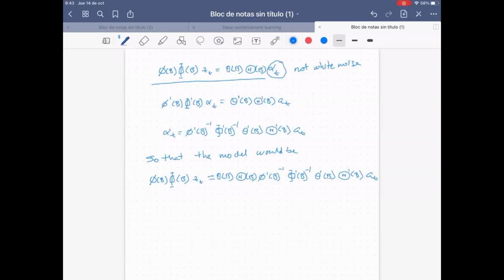So one thing that can be done is we could model alpha sub t, which is what I just did in the script. I could model the residuals and find a model, let's say phi prime of B times capital phi prime of B applied to alpha t, the residuals from the previous model, equals theta prime of B times capital theta prime of B times a t, where a t is white noise.